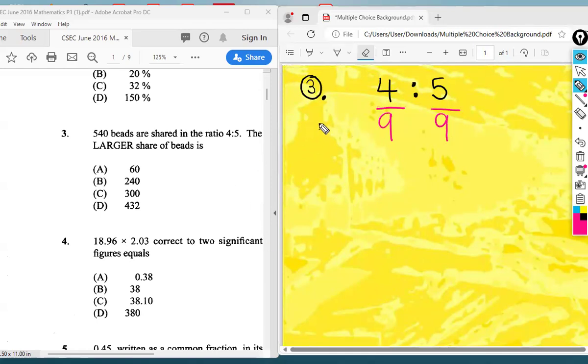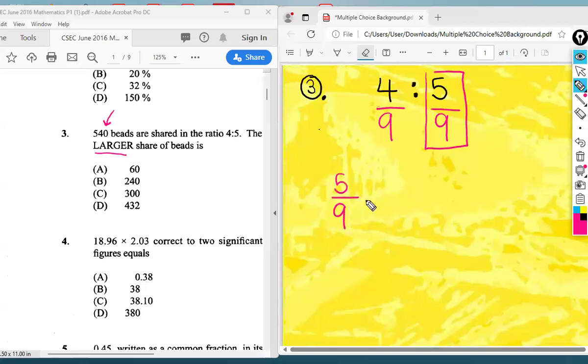Now, they're asking about the larger share. The larger share would be 5/9. So they want you to find 5/9 of 540. How would you do that in primary school?